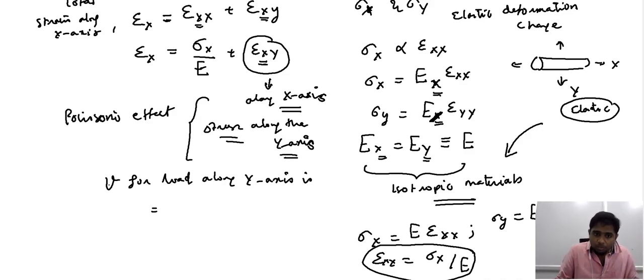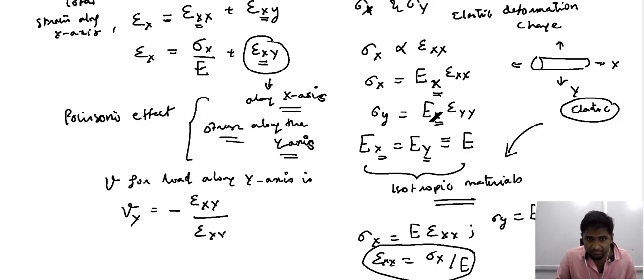So the Poisson's ratio for the stress along the y-axis will consider the negative of the strain along the x-axis to the strain along the y-axis.